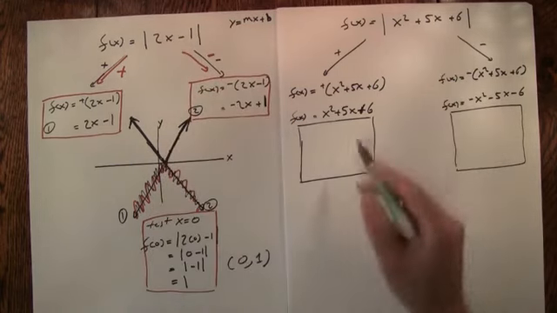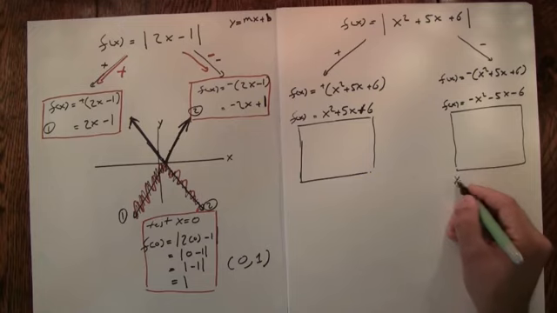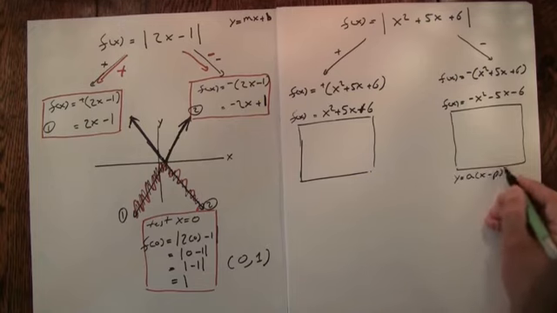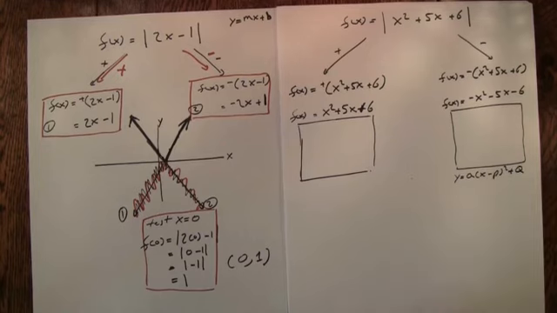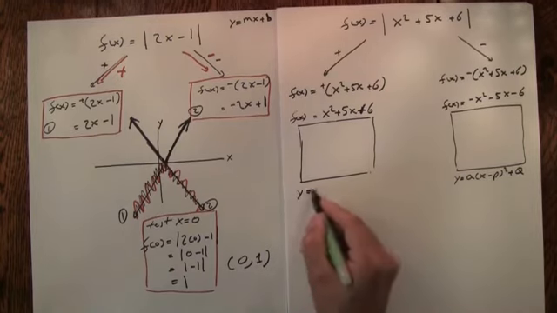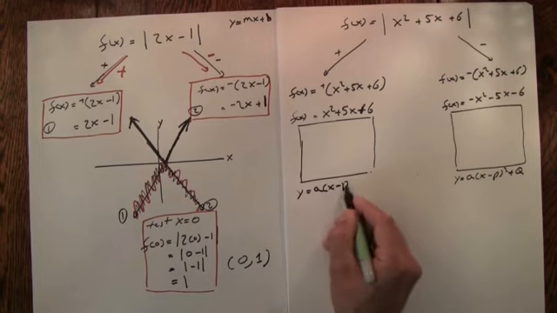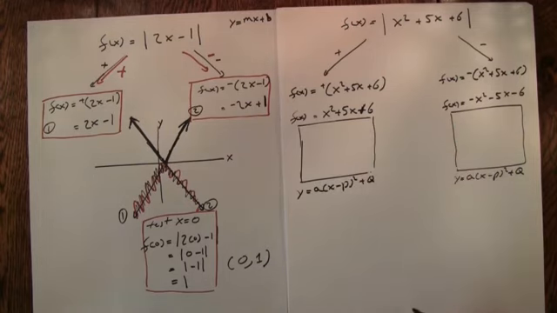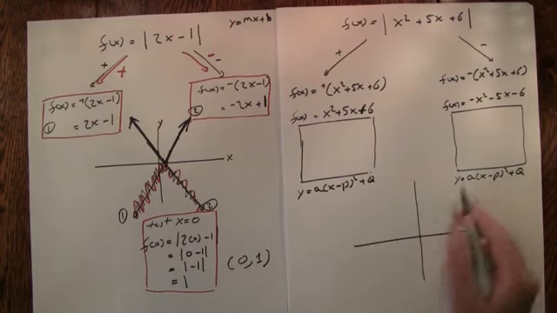When you're graphing a quadratic, you have to get it in the form of y equals a(x minus p) squared plus q. And over here you would have the same thing. So you would do completing the square through the whole process, and then you could graph it.